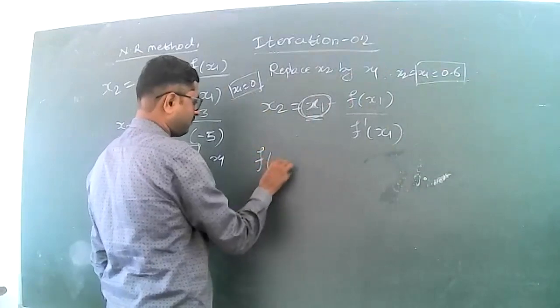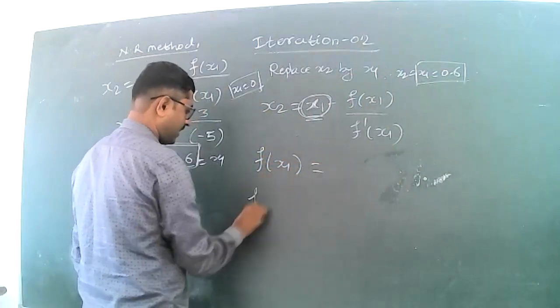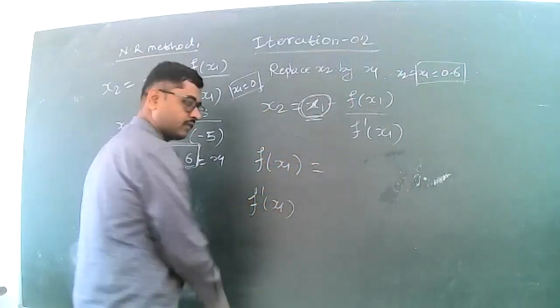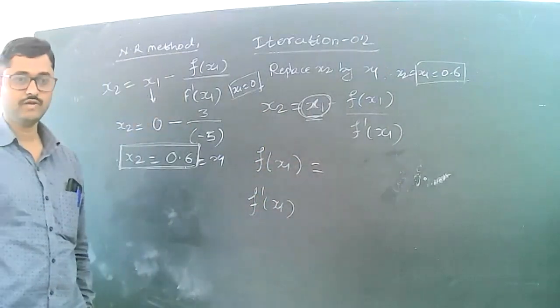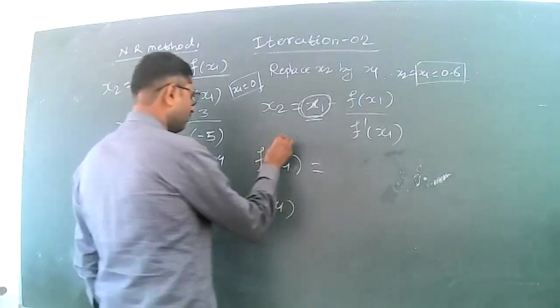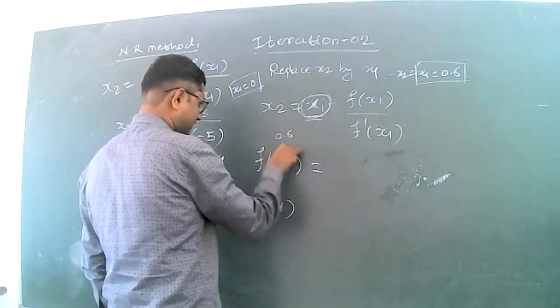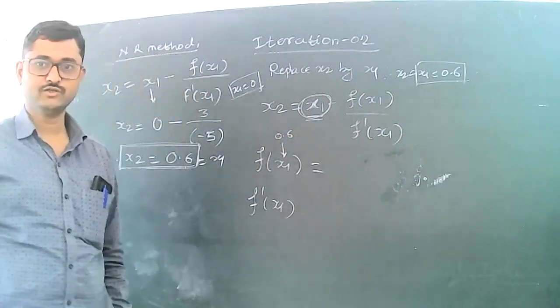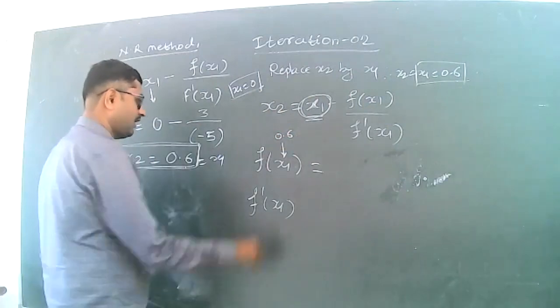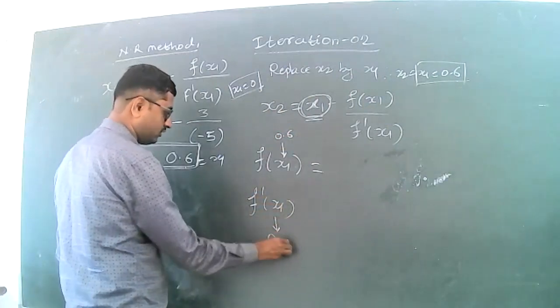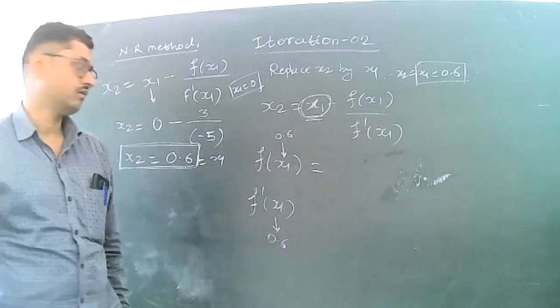Again find f of x1 and f dash of x1. How to find them? Put x1 equal to 0.6 into the f of x equation and into the f dash of x equation.